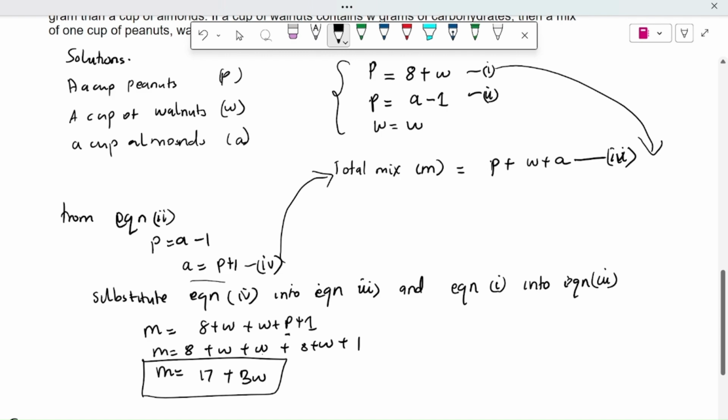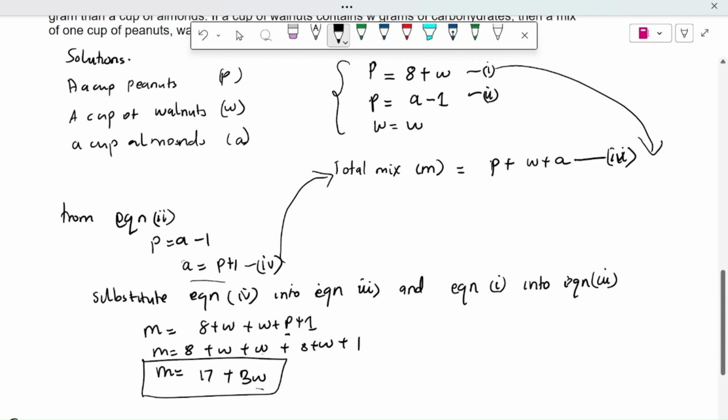If we do the manipulation and make omega the subject, it will be P minus 8, and then let's leave the P here. When you substitute these values, you get a different answer with P being the variable.